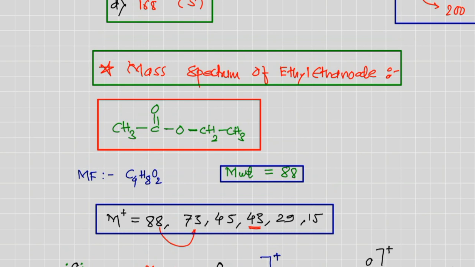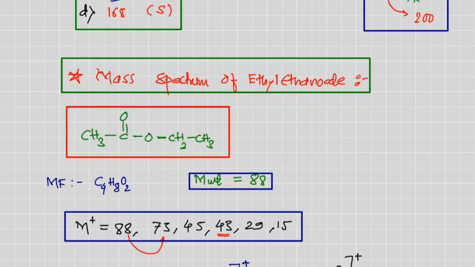So what is the first step in mass spectrometry? Your molecule is there, and generally molecules are even electron systems. When you apply a high electron beam, like a 70 electron volt beam, called electron impact, or any other method for ionization, it is converted to a molecular ion, which has the same molecular weight, but the m by z value is given.